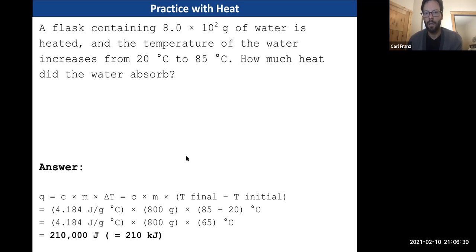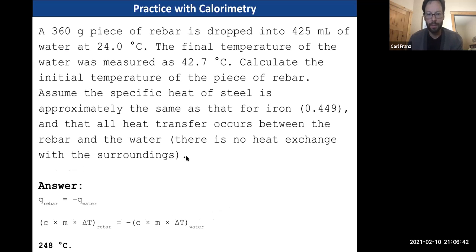So here is, again, another question dealing with calorimetry, where we say that the Q of one substance, in this case, metal, is equal to the negative Q of another substance, this being water, right? And so they give us mass, 360 grams. They give us change in temperature for some of it.